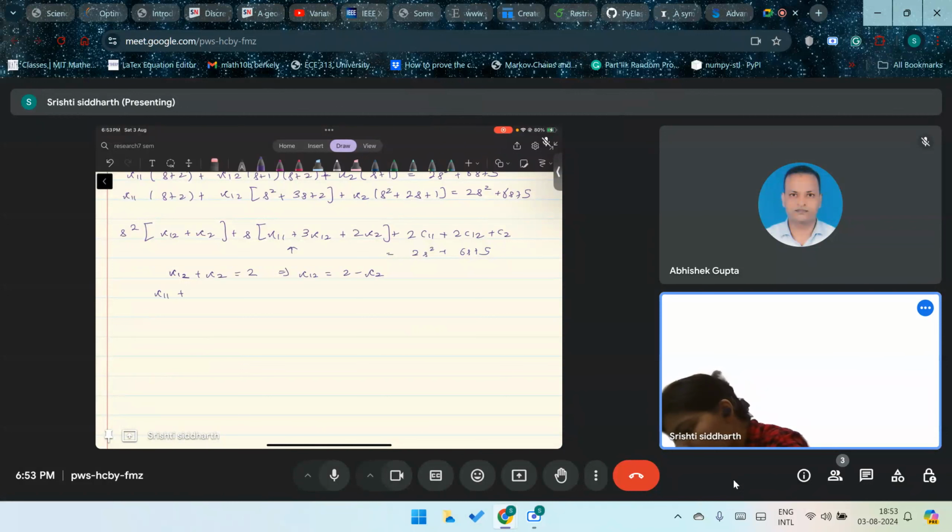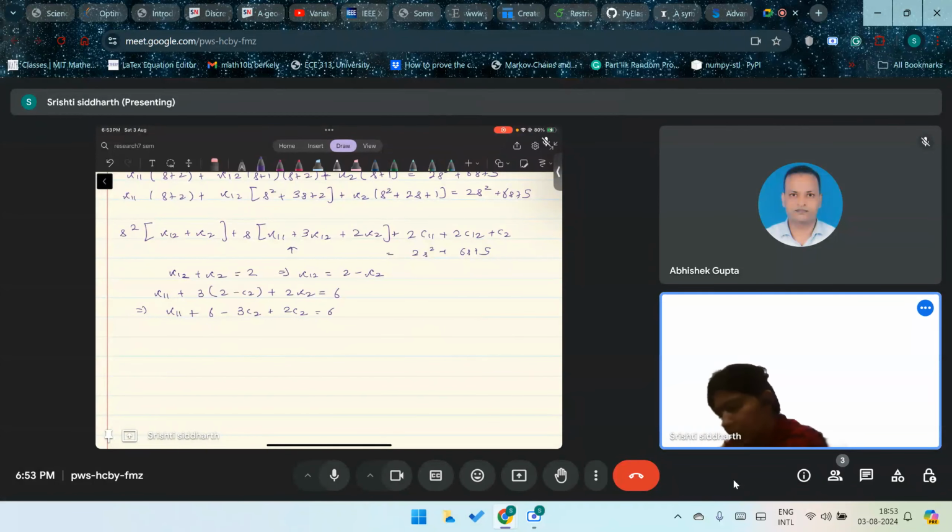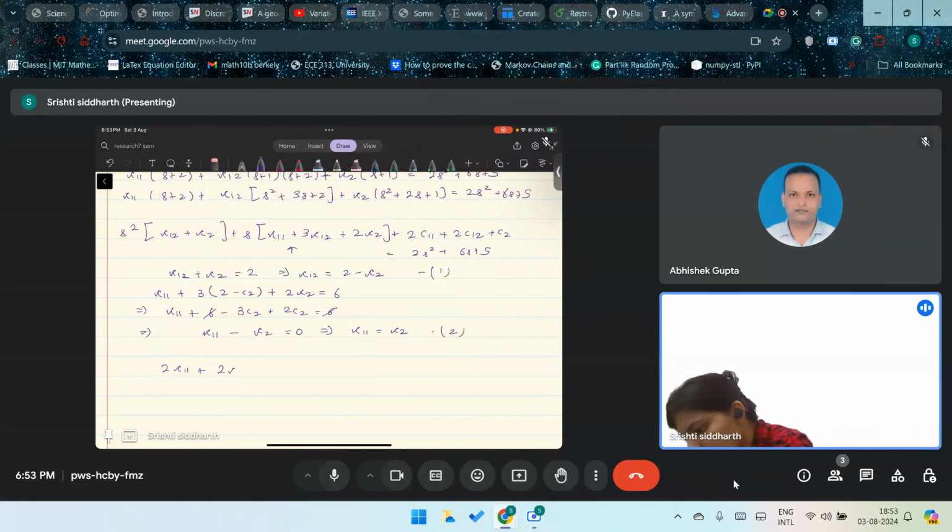Then we have C11 plus 3 times 2 minus C2 plus 2C2. So we have C11 and we have minus C2. This implies C11 equals C2. So we have 1, 2 and the last equation, which is 2C11 plus 2C12 plus C2 equals 5.